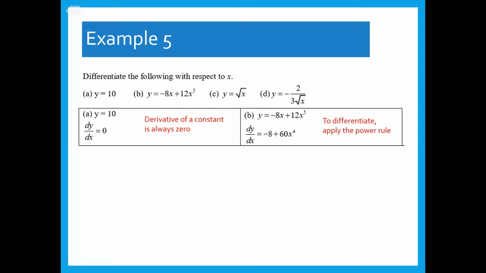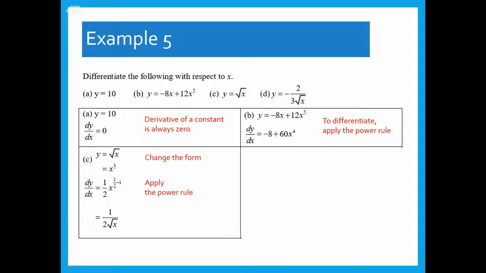For b, to differentiate the y, you need to apply the product rule and you will get negative 8 plus 60x to the power of 4 as the answer for dy over dx. As for c, you need to change the y to power form first and then apply the power rule.